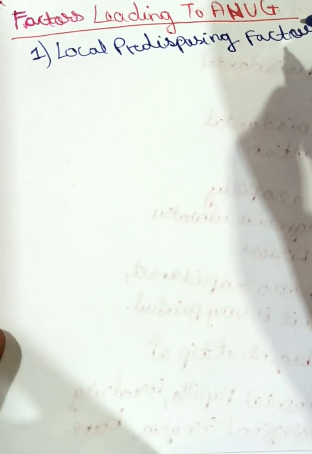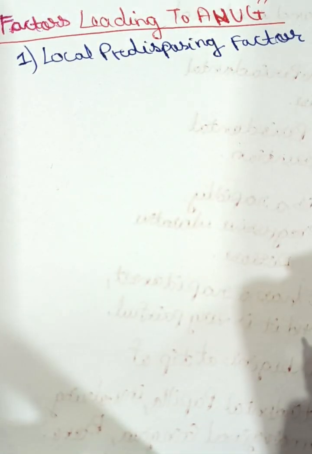Now let's proceed to the factors leading to ANUG, that is acute necrotizing ulcerative gingivitis. Now there are so many factors. The first factor is the local predisposing factors. The local predisposing factors include, first, injury to the gingiva.